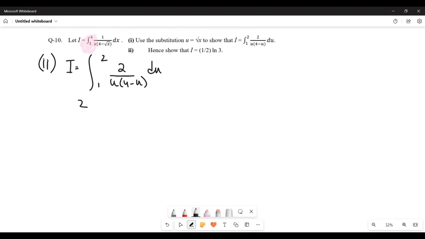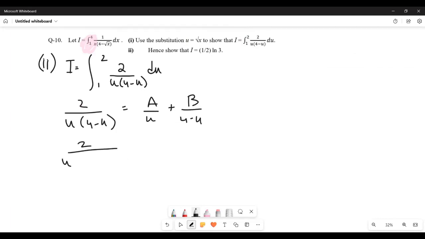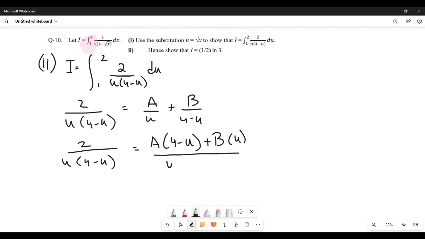So 2/u times 4 minus u in partial fractions would be written as a/u plus b/(4 minus u). LCM gives us a times 4 minus u plus b times u, upon u times 4 minus u. This cancels out and we have 2 equals a(4 minus u) plus bu.